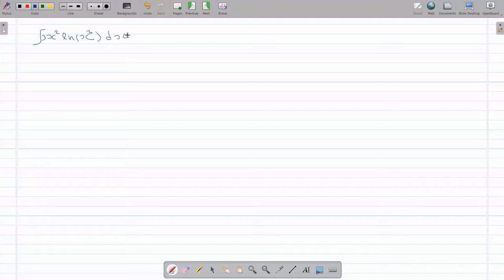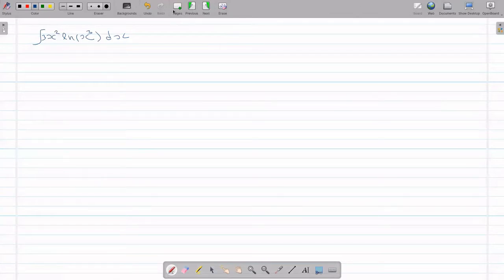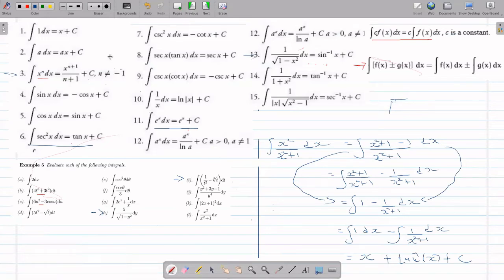Try this one and you can send the answers. Okay, you can start trying.